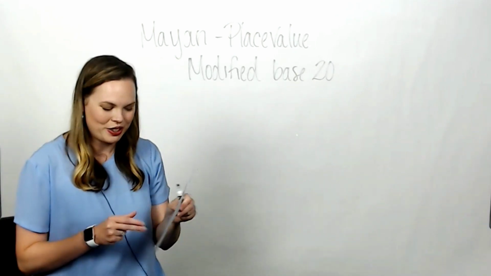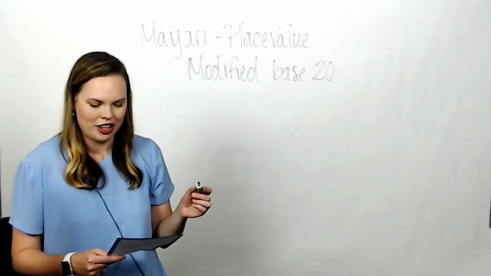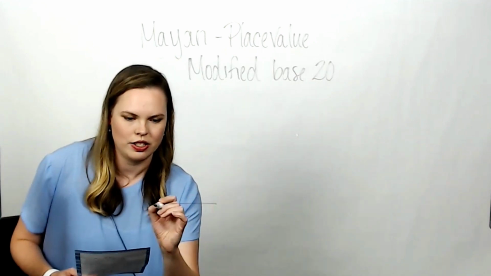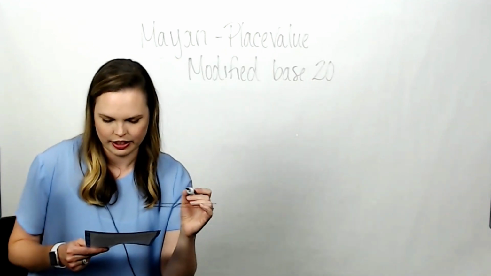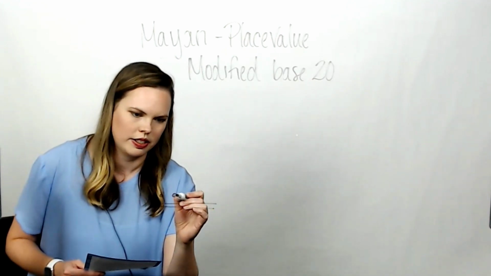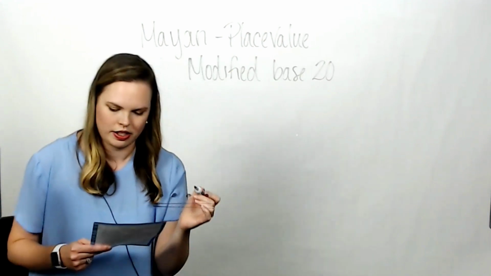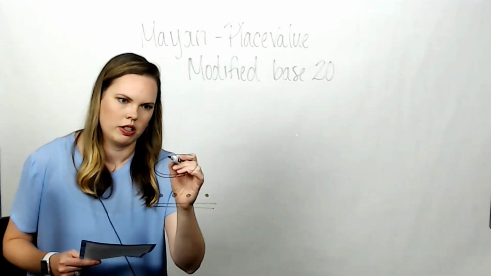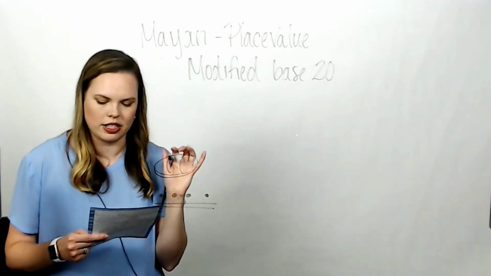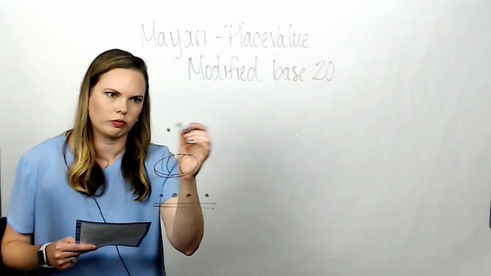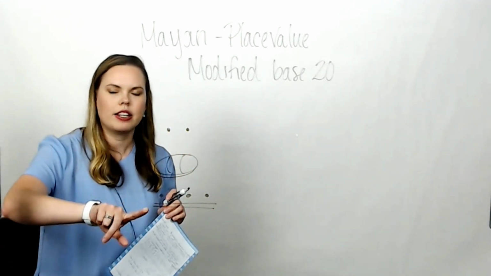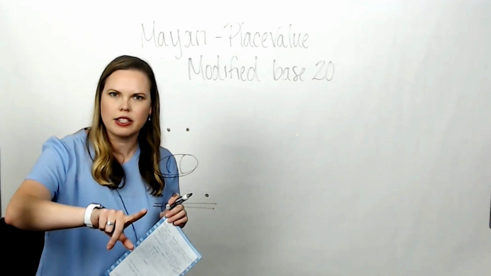So if we were to write 2 lines, 4 dots, our shell or bowl (some people say it's a shell, some say it's an empty bowl), and 2 dots here. They always write the lines at the bottom of their place in their place values.